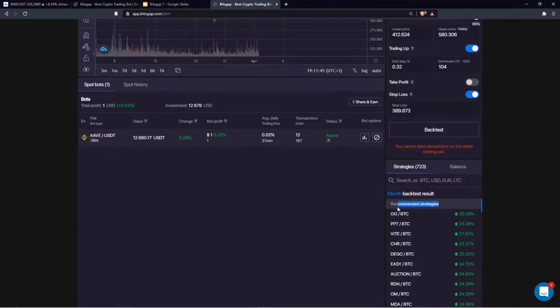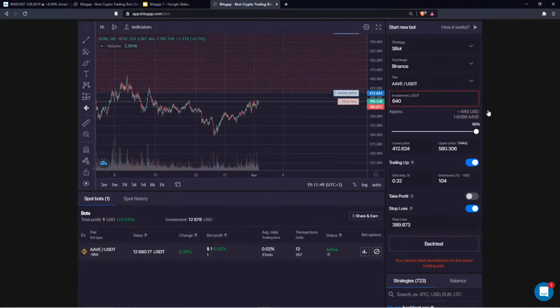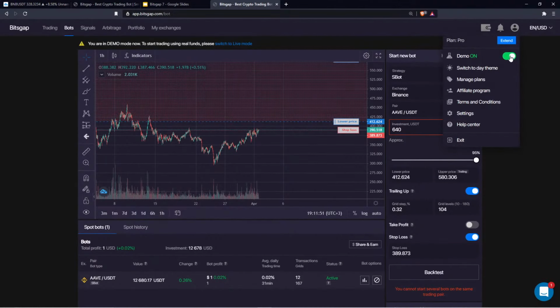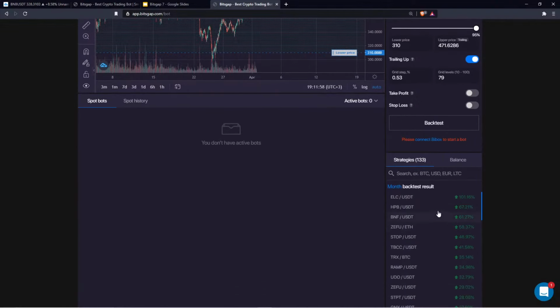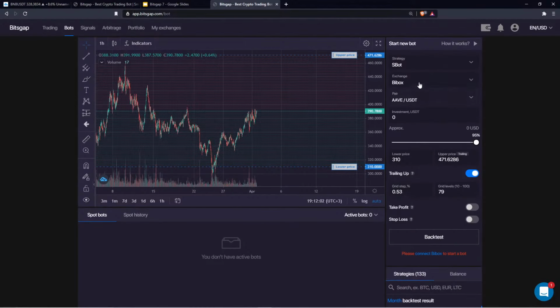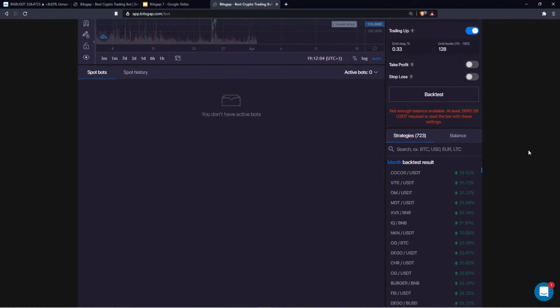Of course, you also have this list of recommended strategies. If you don't know which crypto to trade, then based on the backtest results, let's quickly switch back to the real account where we have the actual data from the real market price action. Let's switch to Binance.